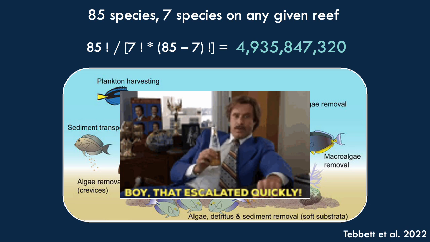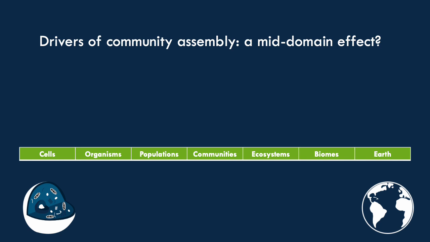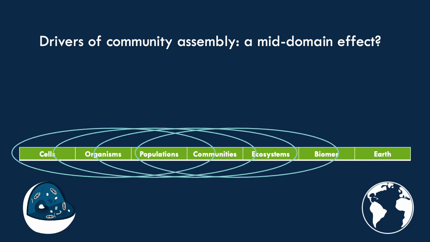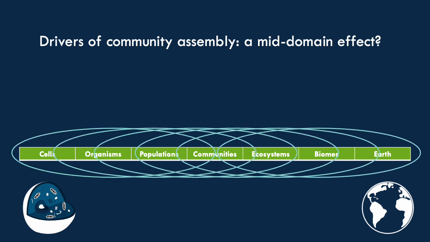And one of the reasons why I think that community ecology is so complicated is something called the mid-domain effect. So I showed this earlier, basically giving you the different scales of biological organization. And if we assume that processes span a couple of hierarchical steps, then what we'll find is that communities, by sitting at this nexus right here, are where most processes overlap.